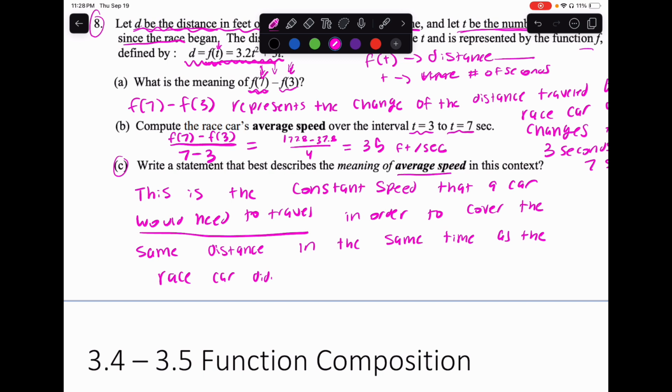So the average speed is our estimation to figure out what the constant speed would need to be to cover the same distance in the same amount of time that the race car actually did.